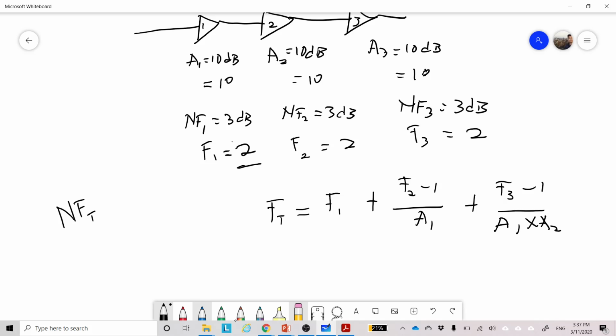Okay, so therefore kalau you lihat noise factor due to the first amplifier plus noise factor due to the second amplifier minus 1 divide over gain of the first amplifier, and then noise factor of the third amplifier minus 1 divide over gain of the first and second amplifier. Okay, you akan dapat total noise factor.